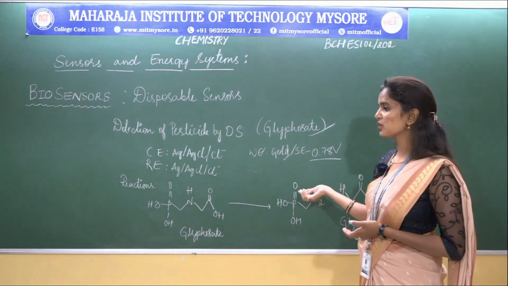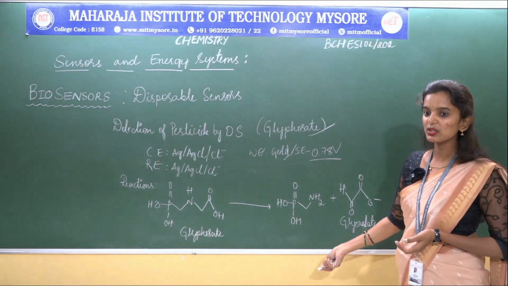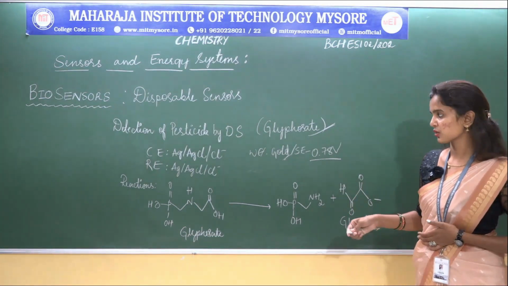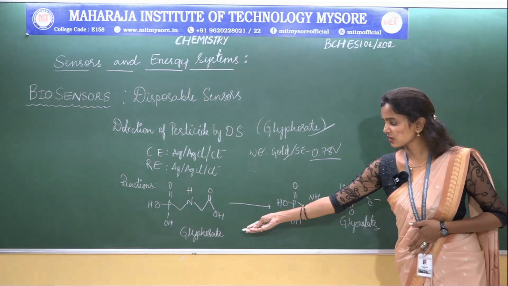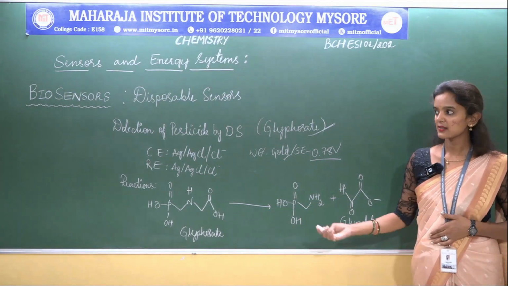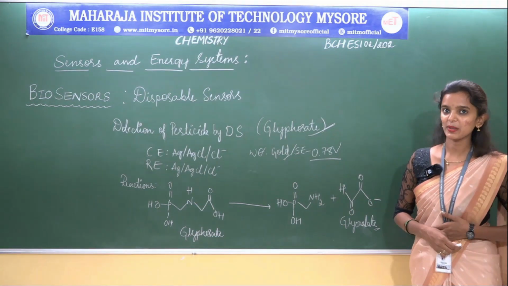So the change in potential is responsible for the amount of glyphosate present in the particular solution, which gives us the concentration of pesticide present in that solution. This reaction shows the oxidation of glyphosate into glyoxylate. That is about the use of disposable sensors in detection of pesticides.